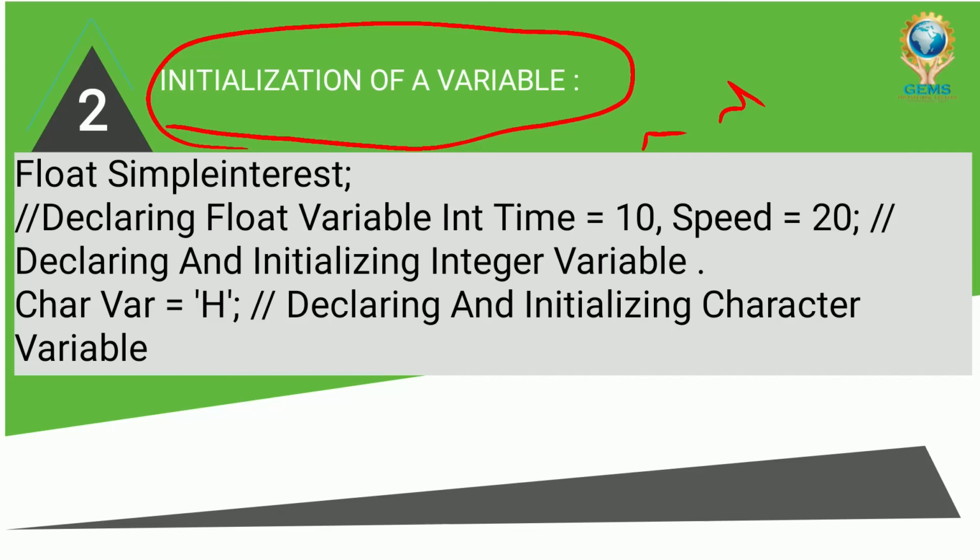Now again, the important thing is that we have to observe static initialization and dynamic initialization, because as per the syllabus, dynamic initialization is given. Dynamic initialization means you can declare the variables in any part of the program, but the memory allocation will be done at the time of program execution.